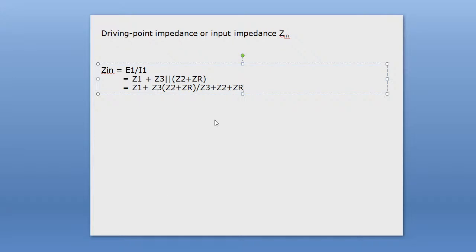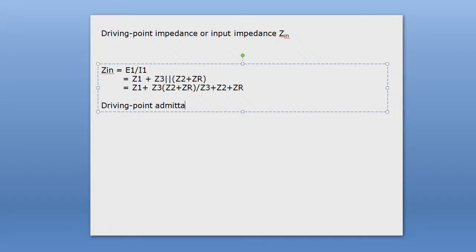Driving point admittance is equal to 1 by Z in, and that is equal to the reciprocal of the simplified form.